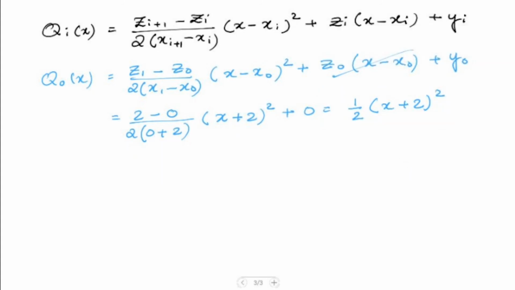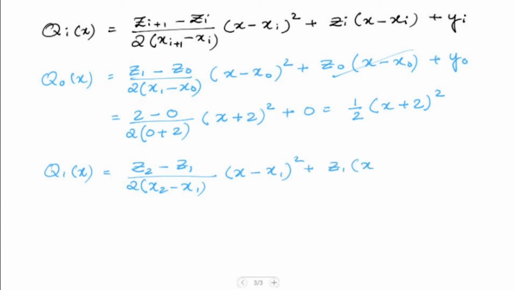Now, let us go ahead and find Q1(x), which is equal to (z2 minus z1) divided by 2 times (x2 minus x1), times (x minus x1) squared, plus z1 times (x minus x1), plus y1.